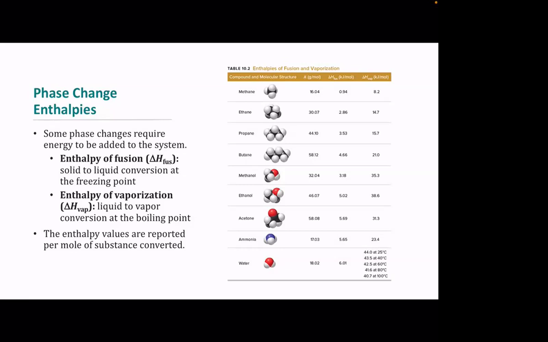And you might guess, and we'll cover this in Gen Chem 2, methane, CH4, smallest hydrocarbon, it's what you use to heat your house, right? If you've got gas heat, it's a gas at room temperature, right? So you would expect it to have a pretty low heat of vaporization, because it's a gas at room temperature.